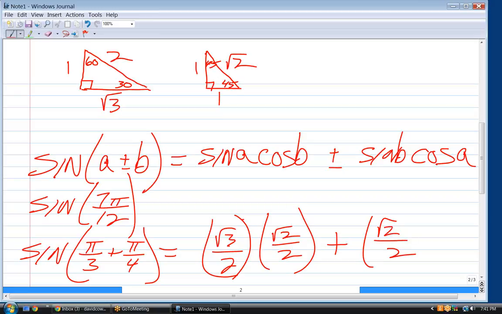Remember that the sine and cosine of 45 degrees are always the same.